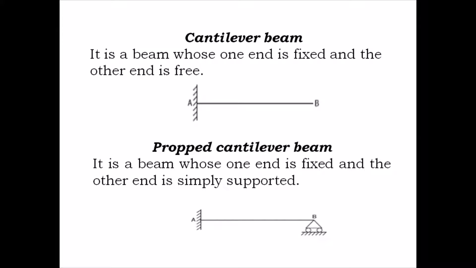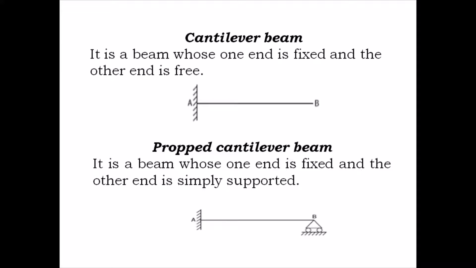Imagine you have windows at a home, and on the outer side of the window there is a small projection on the top, which will avoid water from entering inside. That is what is called a cantilever, wherein one end is fixed to the wall and the other end is free. In a similar way, a beam which is fixed at one end and free at the other is called a cantilever beam.